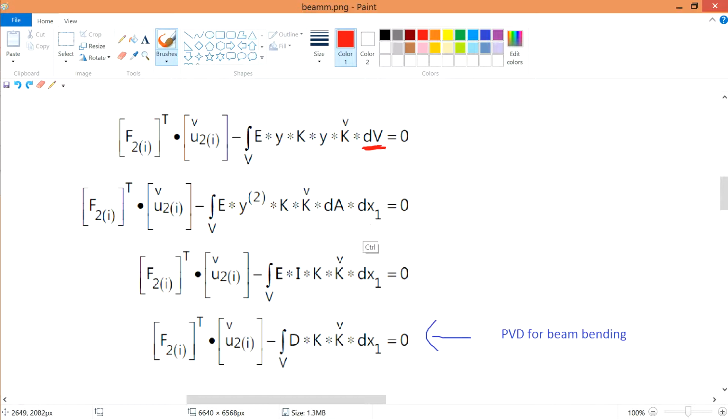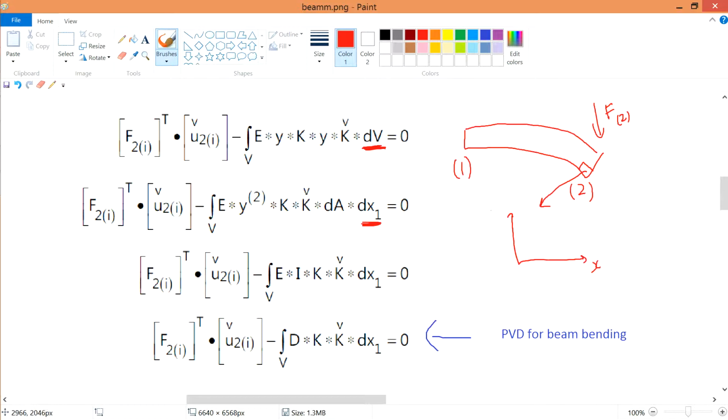So dx1, what is that? I have a bent beam. This is node 1, this is node 2. There will be a force at node 2, and then suddenly this one is in terms of a dx1. Because we are actually dealing with a small volume over here. If you take this volume and zoom it out, you have an x, you have a y, and this is your dx.